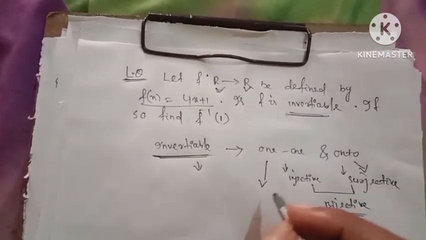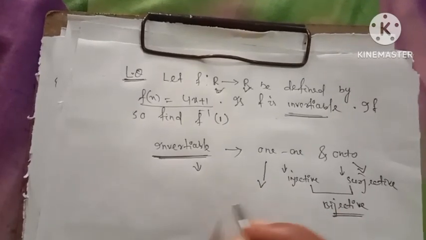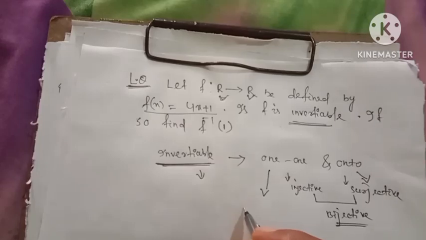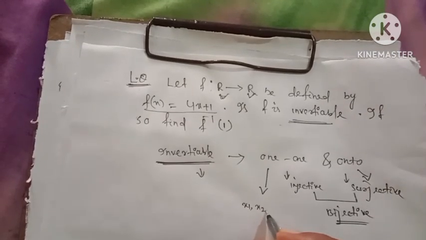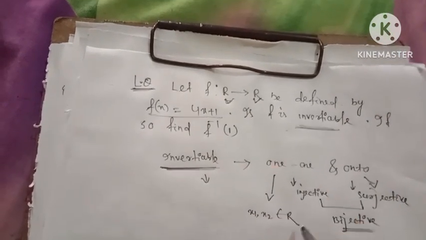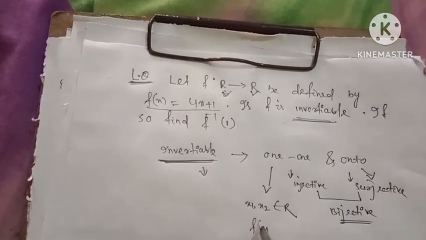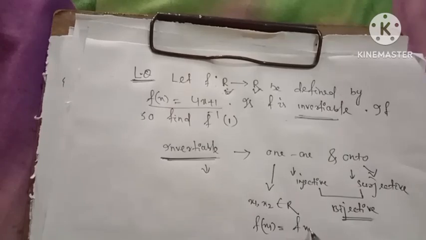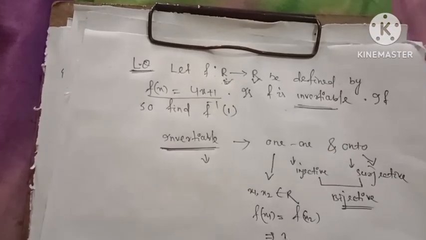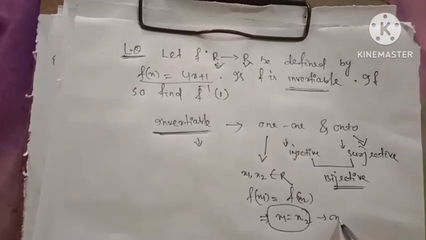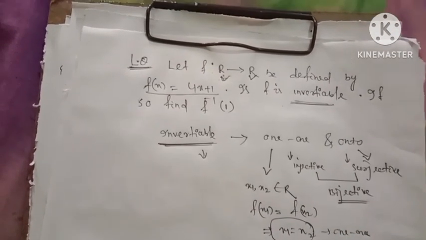One-one means if I choose two numbers, suppose x1 and x2 in the real number domain, then if f of x1 equal to f of x2 implies x1 equal to x2, then it becomes one-one.